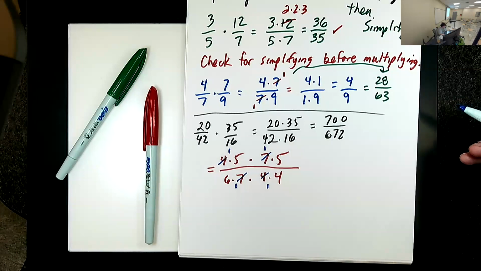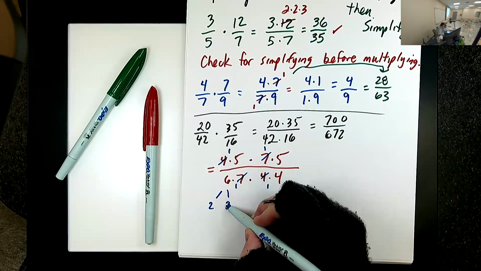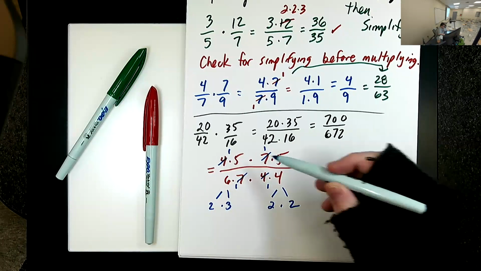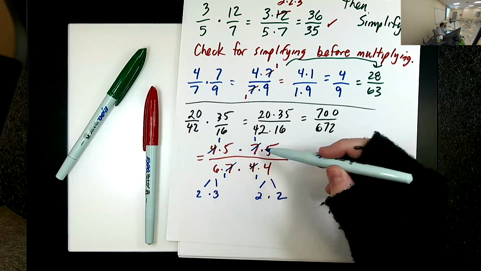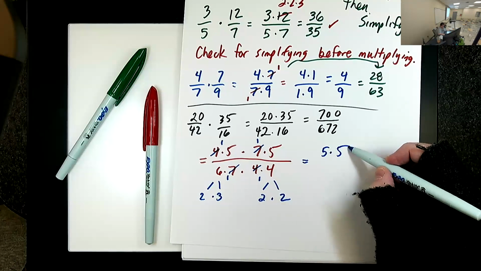If nothing canceled, I would take the prime numbers I had and write them down further. I'm going to do it anyways. The 6 goes down to a 2 times 3. This 4 goes down to a 2 times 2. I want to make sure it doesn't cancel with anything on the top, and it doesn't. I've only got 5s on top. So I've got 5 times 5 on top.